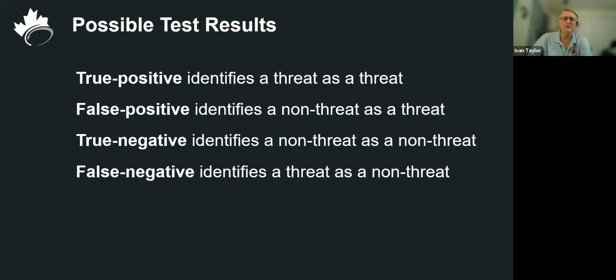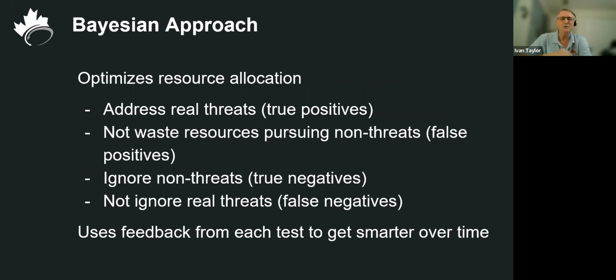So we want to try to maximize the true positives and the true negatives. And this approach involves Bayesian statistics and Bayesian probability methods. And you can use this to optimize resource allocation in the testing process so that you address real threats, the true positives, and not waste resources pursuing non-threats, the false positives, and ignore non-threats, the true negatives, and not ignore real threats, the false negatives.